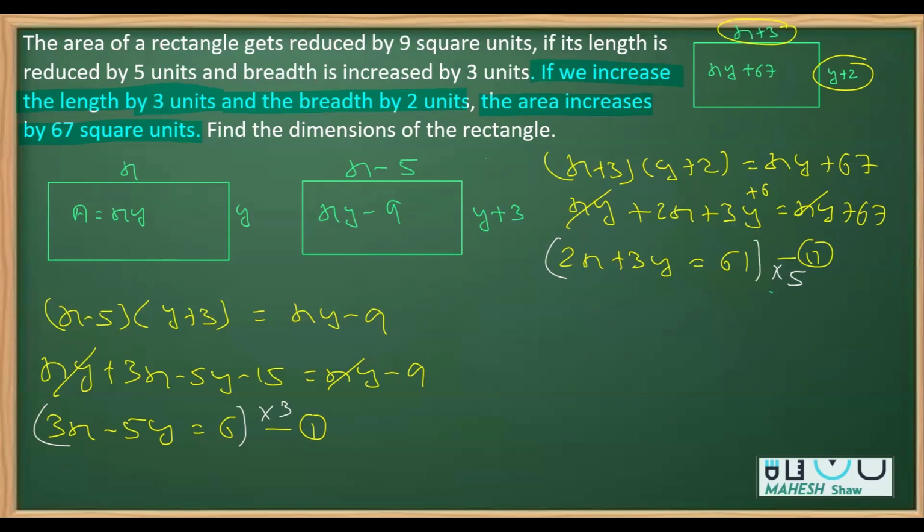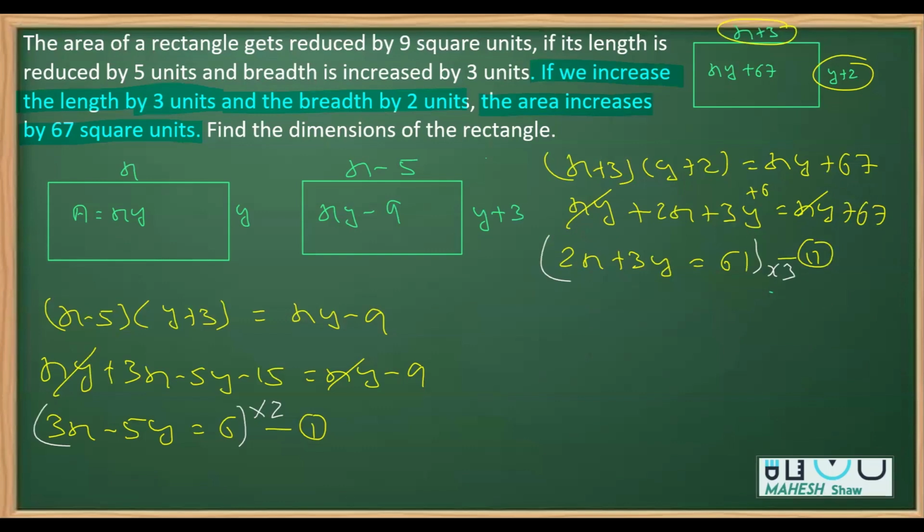You can conversely multiply the other way; there is no restriction that we have to eliminate only y. The other option is multiplying this equation by 2 and the other by 3, which will be the second way.